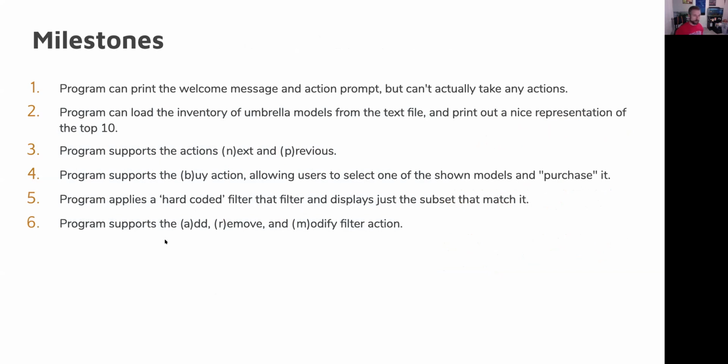And then the sixth milestone is supporting add, remove, and modify filters. So not just applying the filter, but allowing the user to add a filter, remove a filter, and modify a filter. And this is functionality that exists on a lot of modern websites.